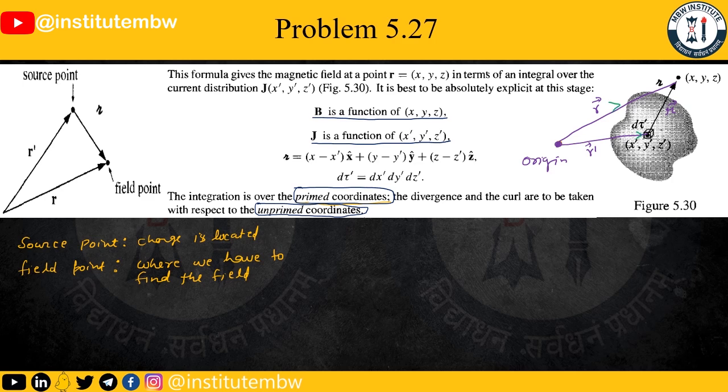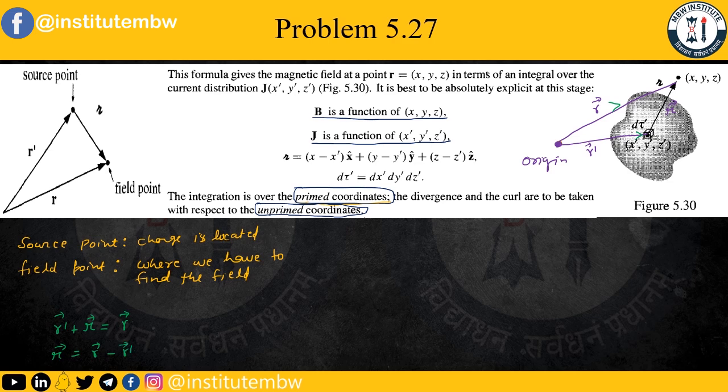From here I can write r prime vector plus r vector is equal to r vector. When I am speaking, you may think these are the same things, but in writing these are different, so please be careful. So the r vector is equal to r vector minus r prime vector.